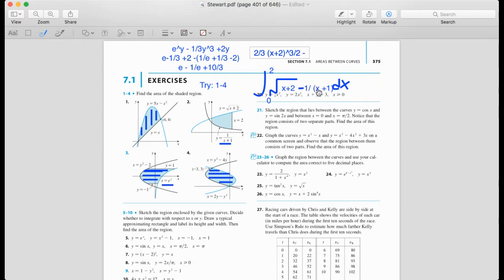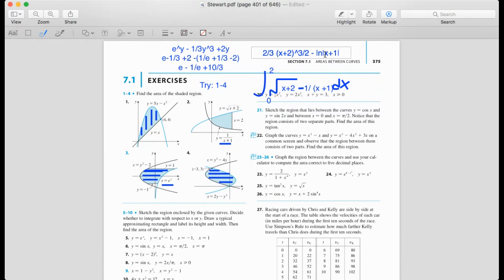1 over x plus 1, that's ln, minus ln of absolute value x plus 1. Right. Let's check our interval. Our interval is from 0 to 2. So x goes from 0 to 2.